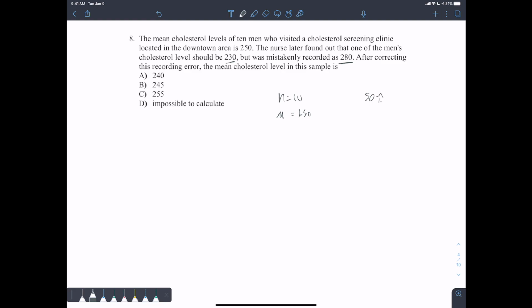So what you can do is just find the total value of all the points added up for the original 10 men. So that's going to be 2,500. And then you can just subtract the excess cholesterol of 50. So minus 50, and that's going to give you 2,450 as the total, and then you can just divide that by 10 men, which will give you a new average of 245, which is your answer B.